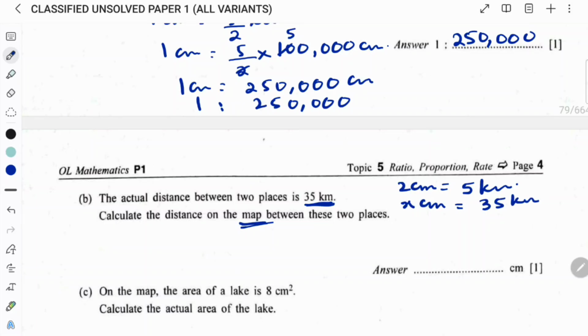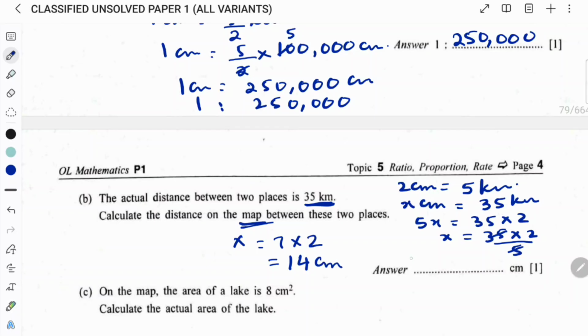Simply cross multiply: 5x is equal to 35 times 2, so x is equal to 35 times 2 divided by 5. 5 times 7 is 35, and 7 2s are 14. So x equals 7 into 2, which is equal to 14 centimeters.